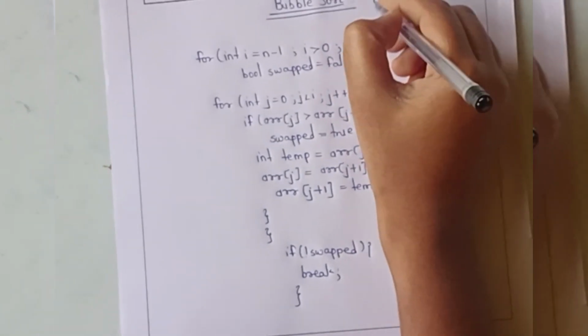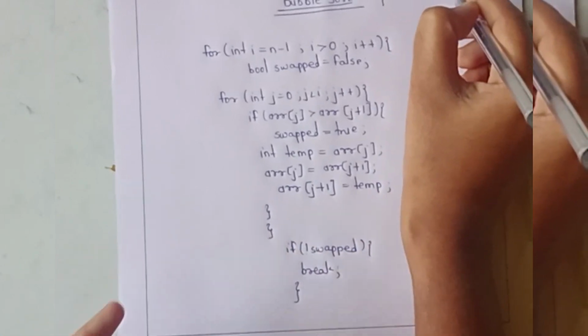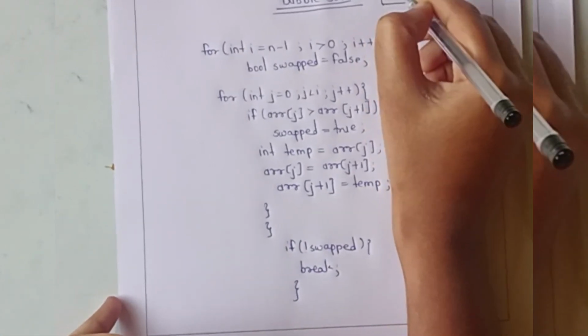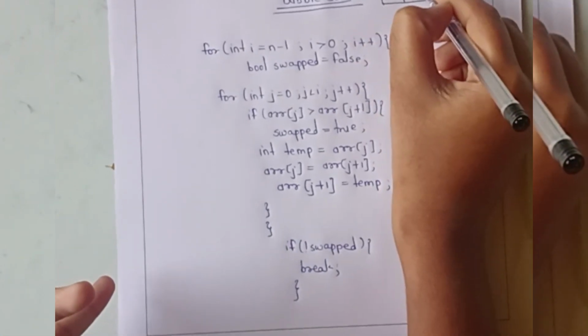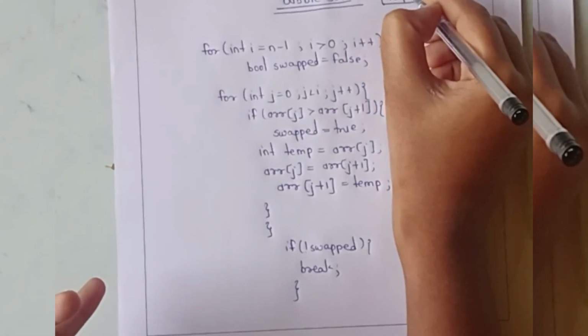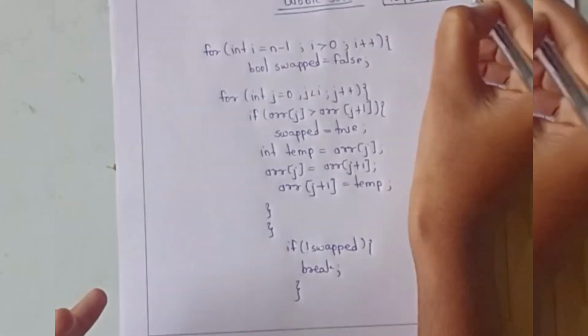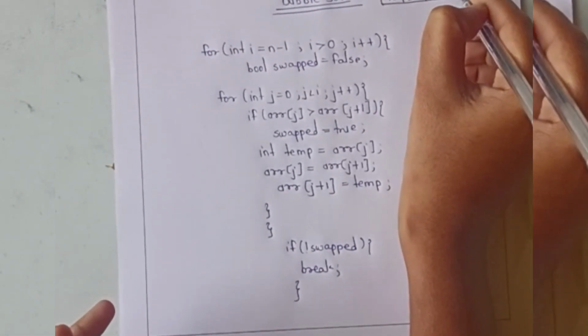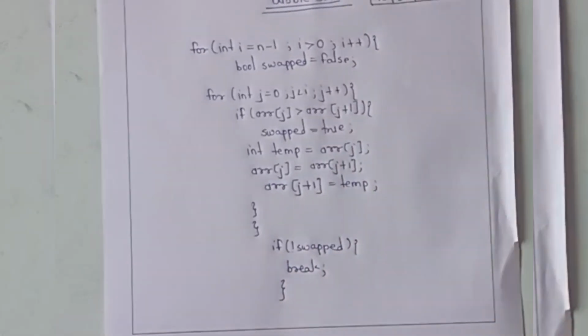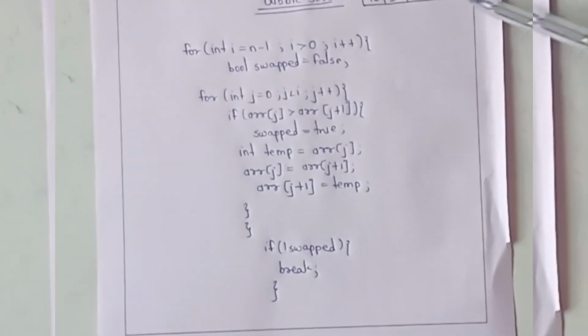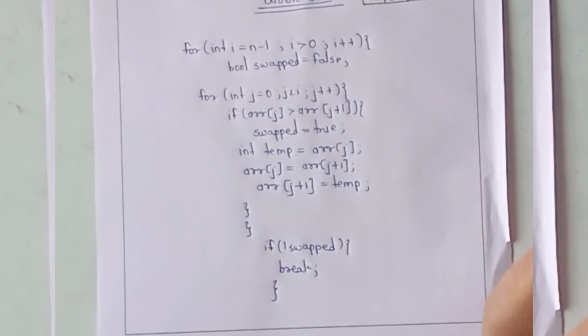Suppose we have this array. We have numbers 10, 30, and 20, and suppose 5 also. Okay, so we have this array and we have to sort it in ascending order.